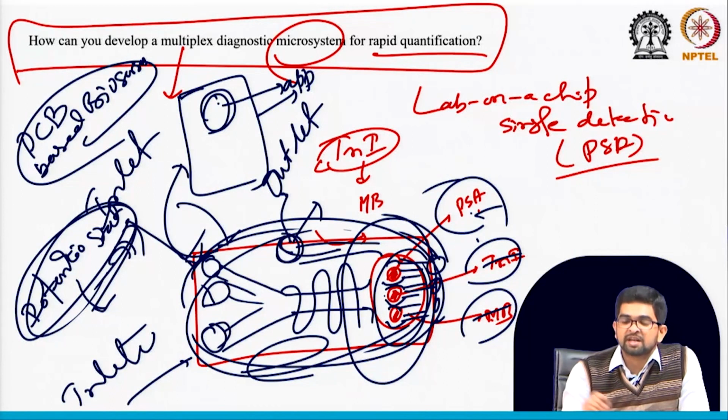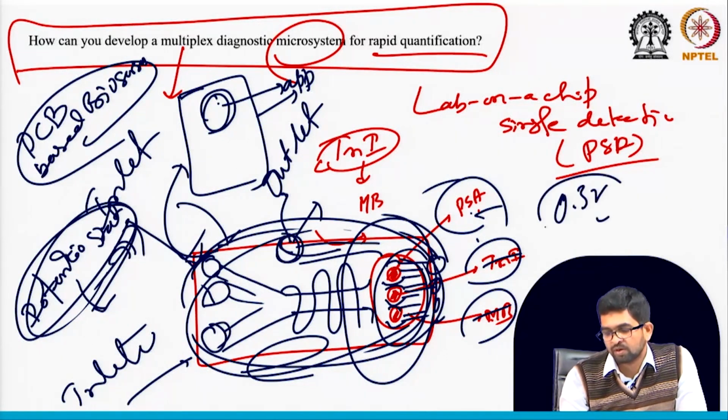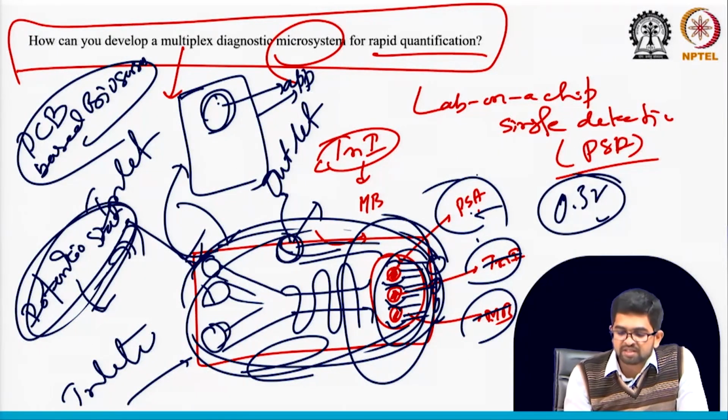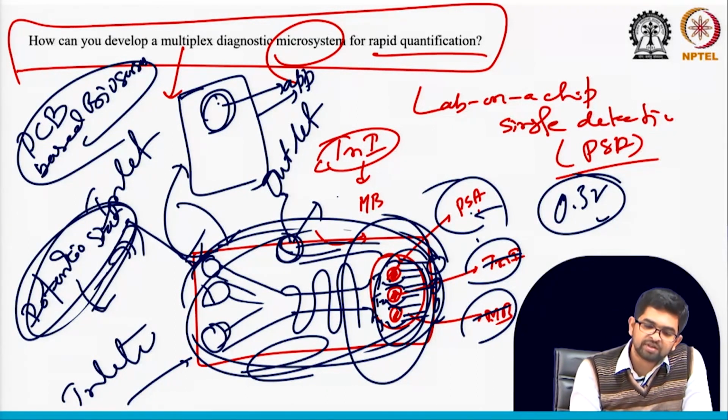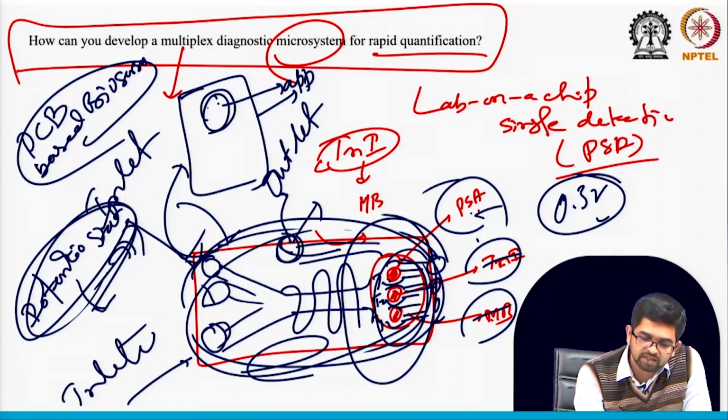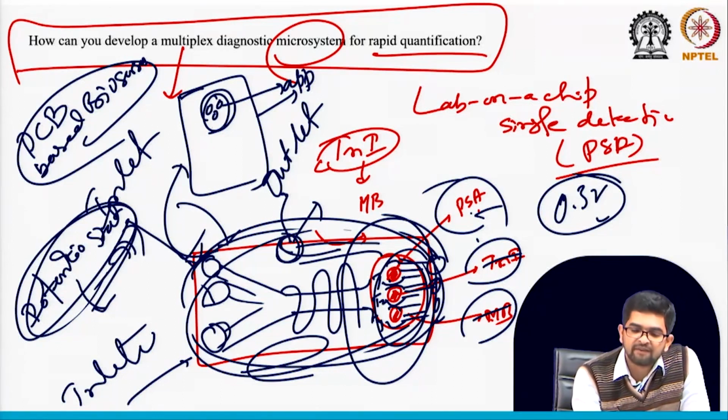Run means it will automatically start applying the 0.3 volt. Then how much current it generates, equivalent to how much target concentration, for target 1, target 2, target 3, everything will be transferred to your smartphone. And here you will get 3 data, T1, T2, T3.